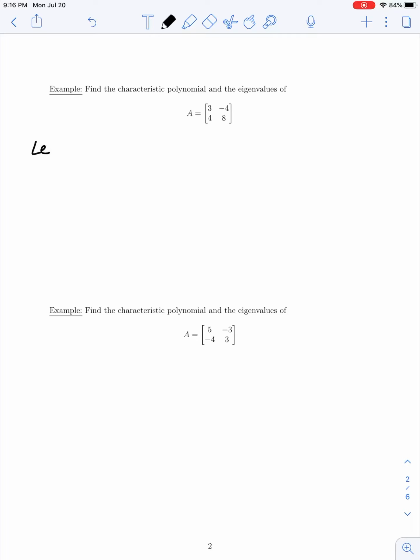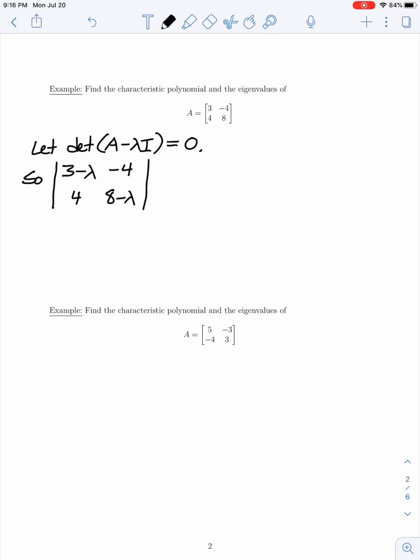So to find the characteristic polynomial, or the characteristic equation, we're taking the determinant of A minus lambda times the identity and setting that polynomial equal to 0. So let's see what we have using the vertical bar notation for a determinant. We have the matrix 3 minus lambda, negative 4, 4, and 8 minus lambda.